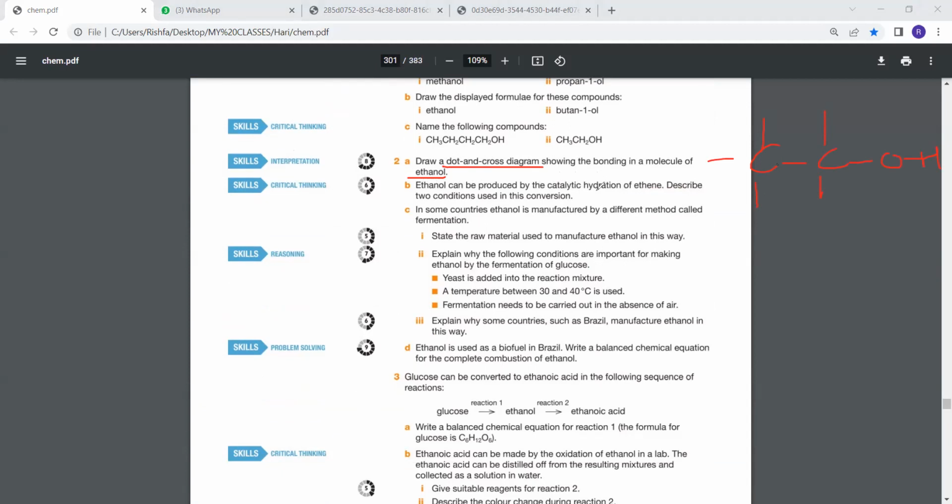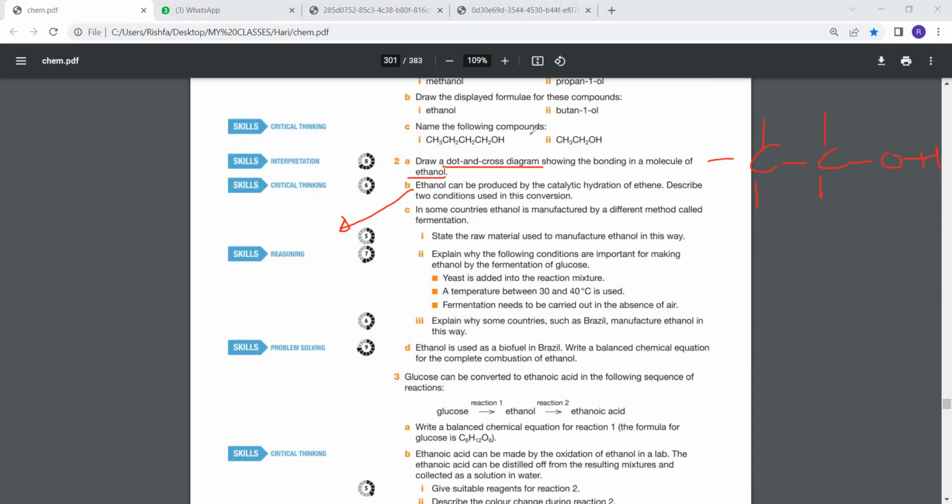Ethanol can be produced by the catalytic hydration of ethene. Describe two conditions. So what are the conditions here? Are you here?